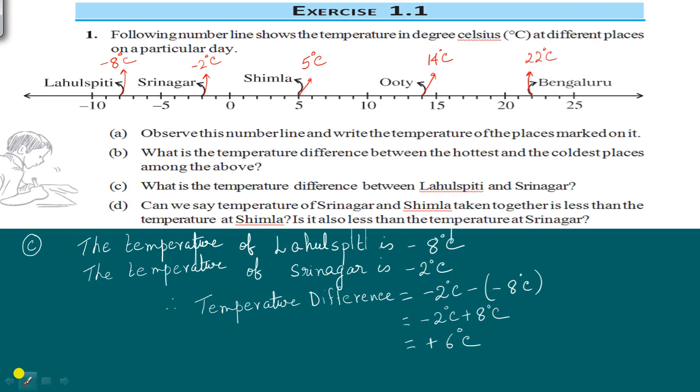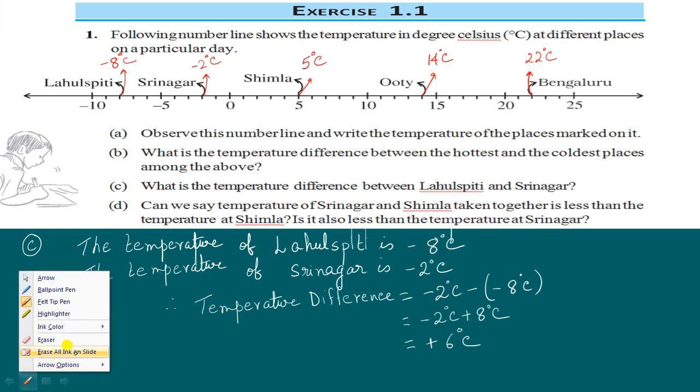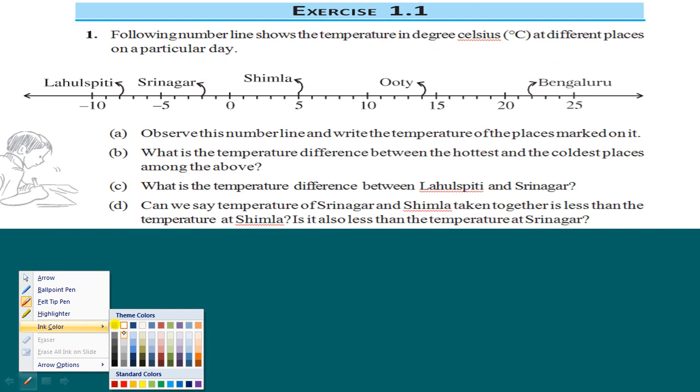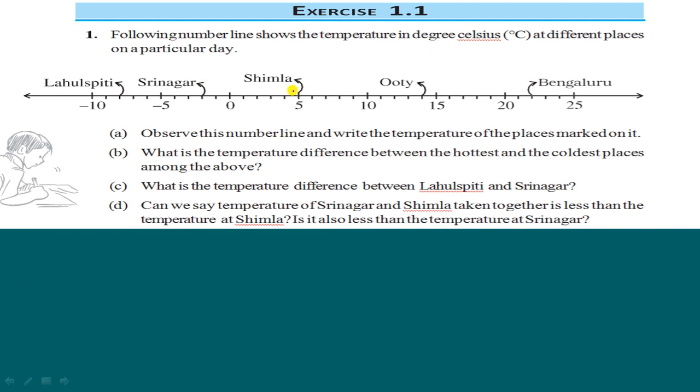Now we will solve question number D. Now see what is question number D. Again we are writing the different temperatures of the places. The temperature of Simla is 5 degrees centigrade.